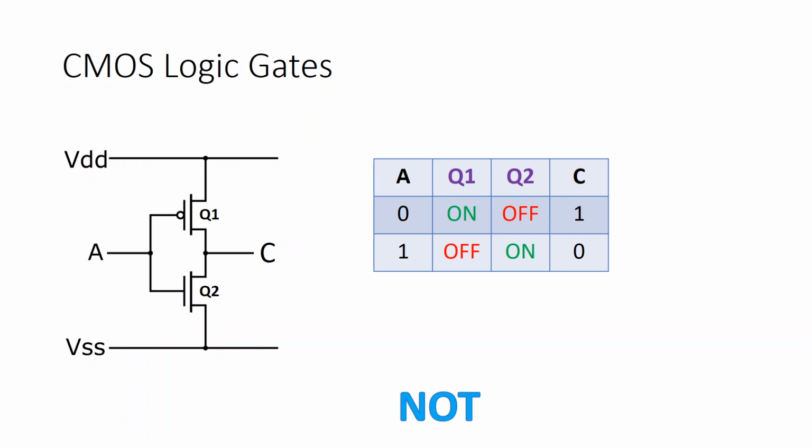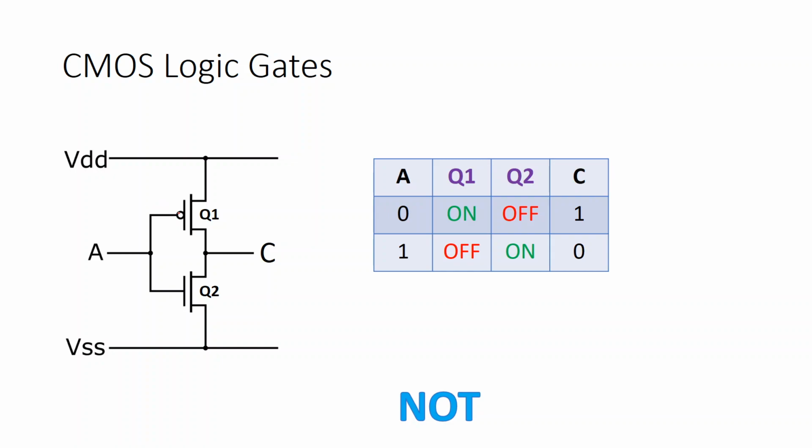So the first gate we study is the NOT gate, and here you understand this symbology of the CMOS logic gates. Here this side is the gate, this is connected to the source, and this is the collector.